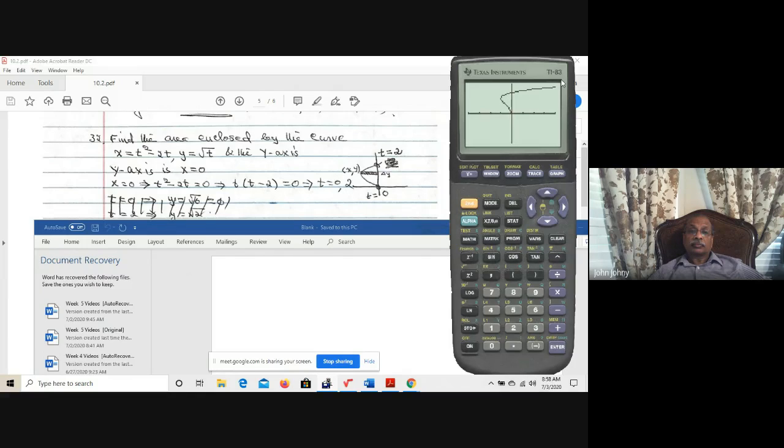This is the graph. And this point is t is equal to, so let me see the window. Y scale must be 1. Okay, so let us see the graph. So that is t is equal to 2.